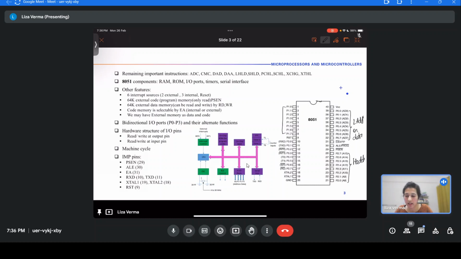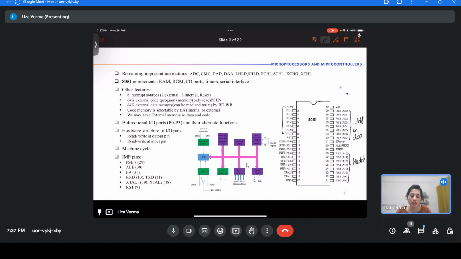In 8085, the stack pointer was 16-bit wide, right? But in 8051, the stack pointer is only 8-bit wide because it doesn't need to be 16-bit wide. The memory is on the chip and the individual memories don't require 16-bit addresses for the internal memory.